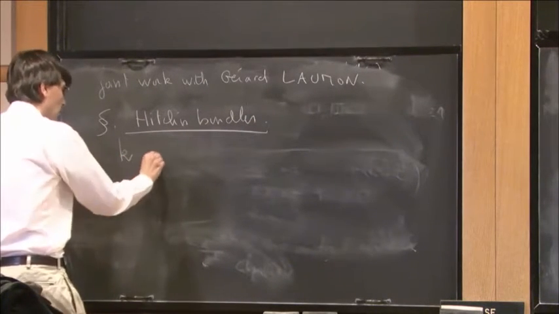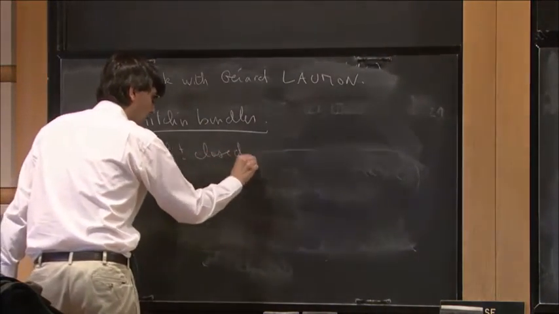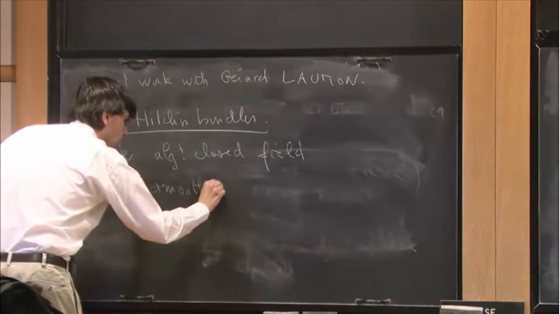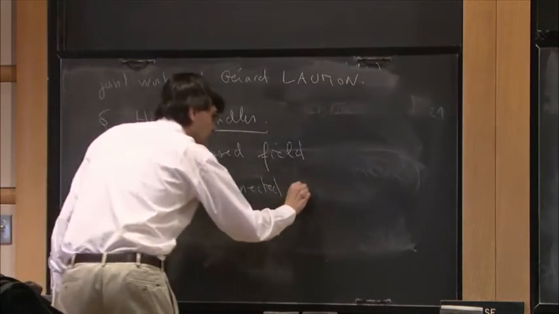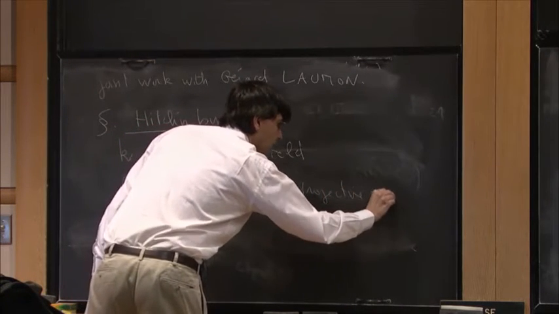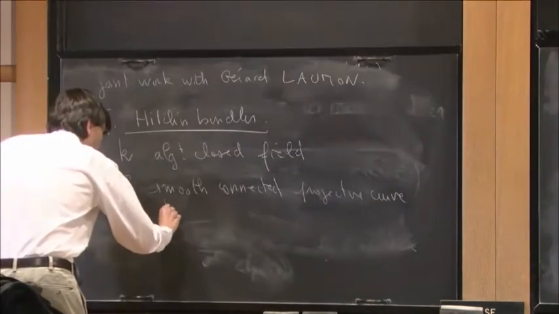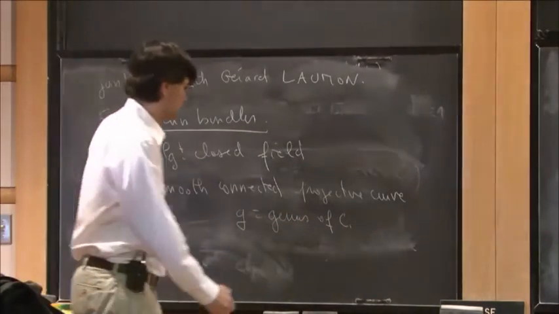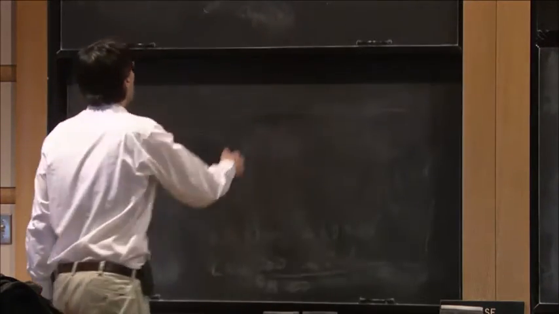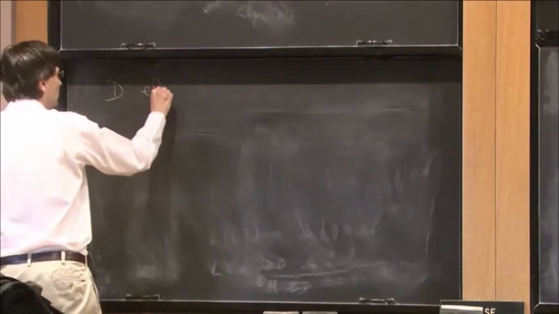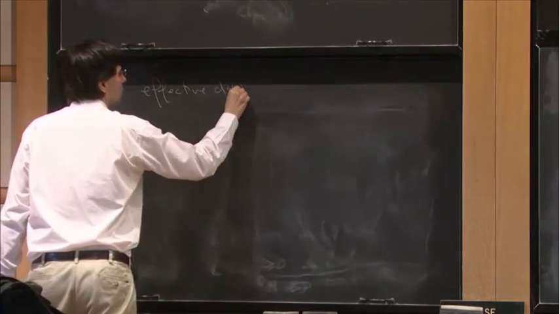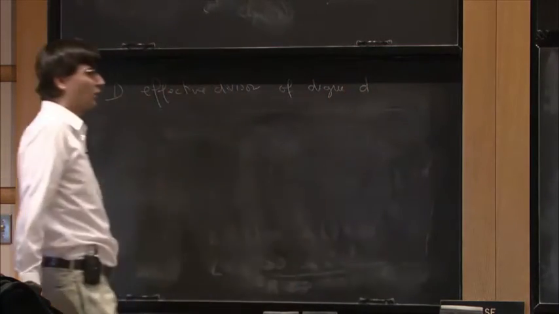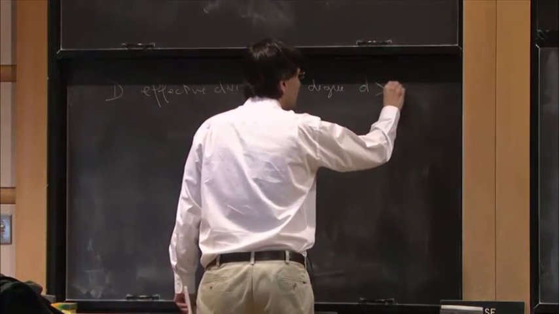We fix an algebraically closed field K, and we fix C, a smooth, connected, and projective curve over K, and g will be the genus of C. I will also fix an effective divisor D on the curve, of degree denoted by small d. And I assume that the degree is bigger than 2g minus 2.